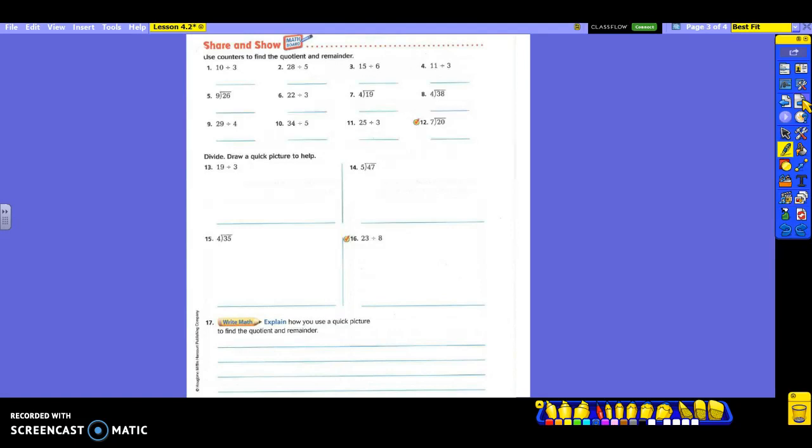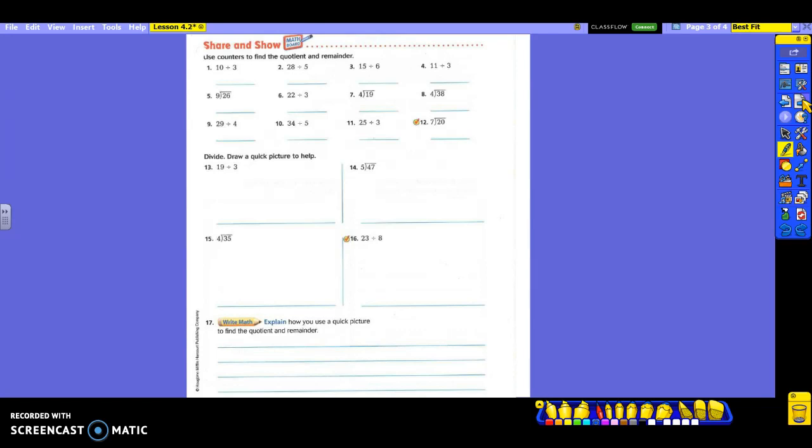Do you see how different it is? This is what they call the division box. They're going to put the number of whatever you're using, counters, dominoes, books, whatever they're dividing up, in the center of that box. And then your divisor is out on the side, right? Yeah. So dividend is in the middle, divisor is on the outside, okay? In these, your dividend is first, your divisor is second.